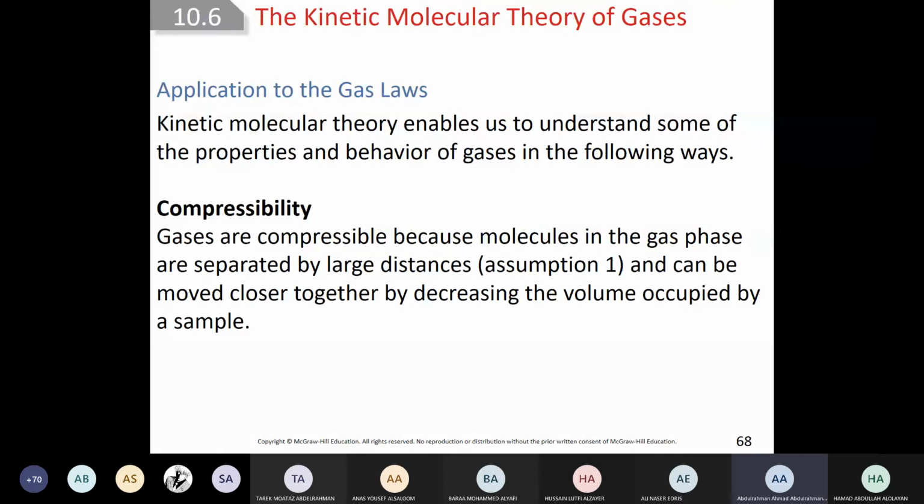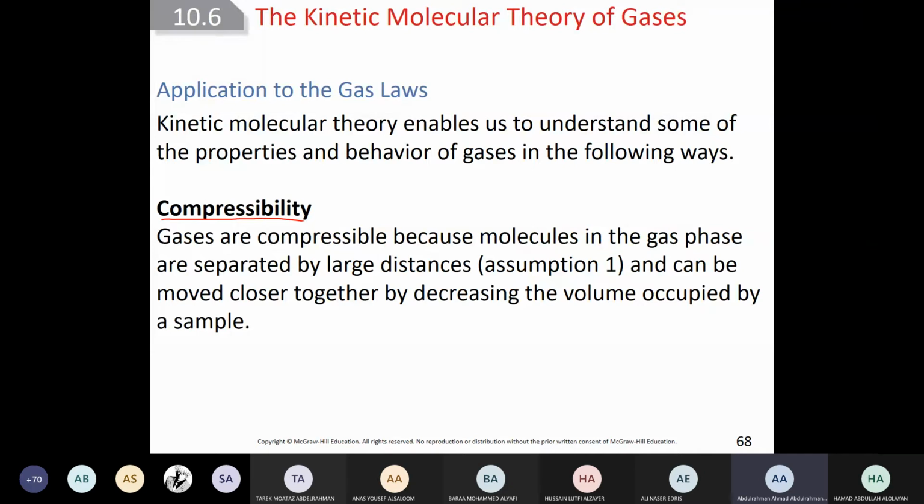Good. Now, gases are compressible. What's the meaning of compressible? It can be compressed, to have less volume. What will happen if you decrease the volume? The pressure will increase. Why? Because the molecules are now hitting the wall more.